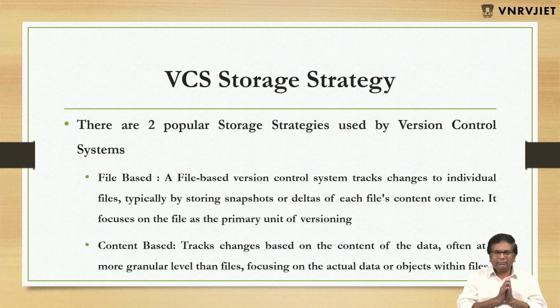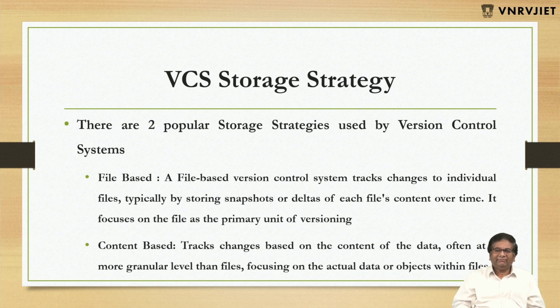There are two popular storage strategies used by any version control system. One is file based, and the other is content based. A file based version control system tracks changes to individual files, typically by storing snapshots or deltas of each file's content over time.